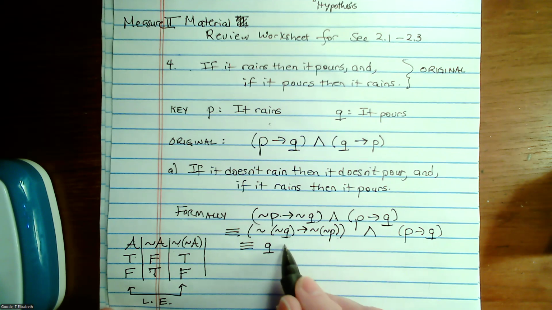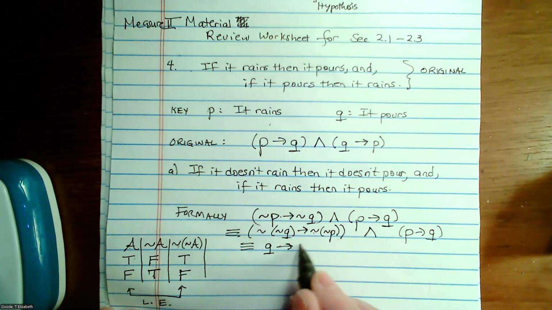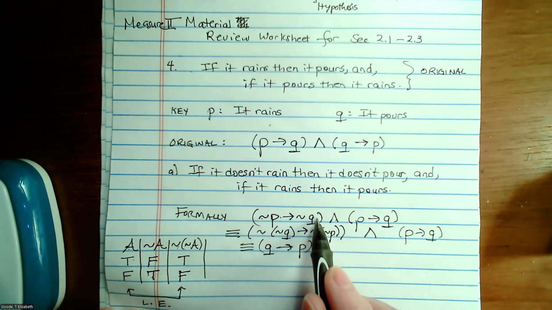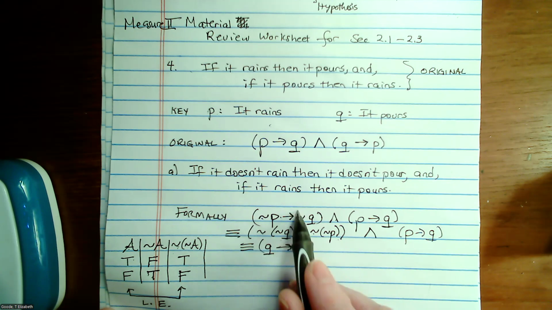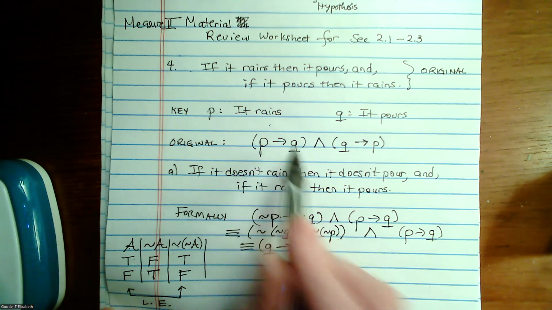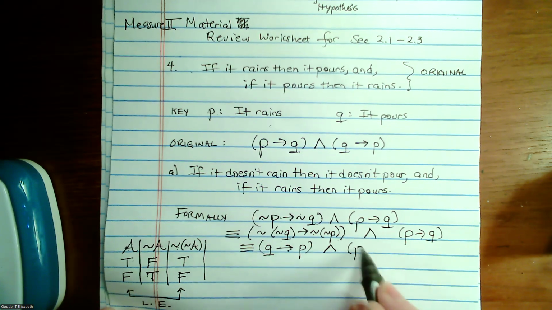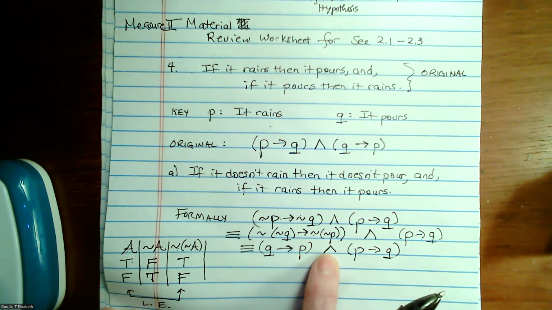And then what does not not P become? P. Good. So not P implies not Q is logically equivalent to Q implies P. This is called the inverse, and this is the converse. Remember, they are logically equivalent to one another. So we have Q implies P, and we still have P implies Q, so we do have both of them with an and.